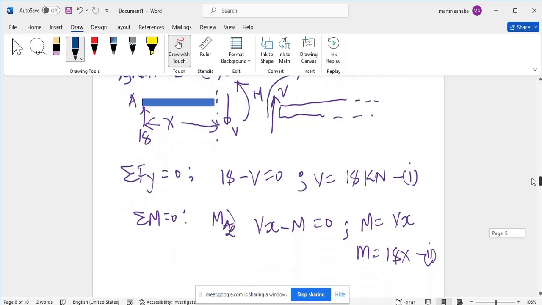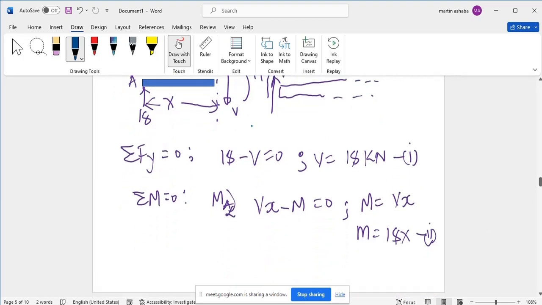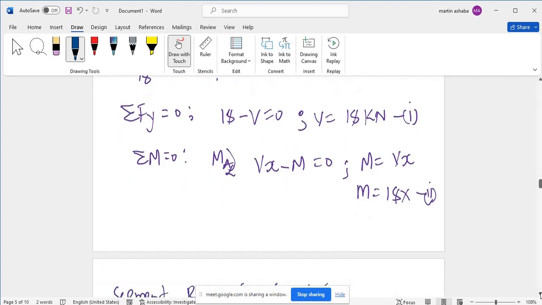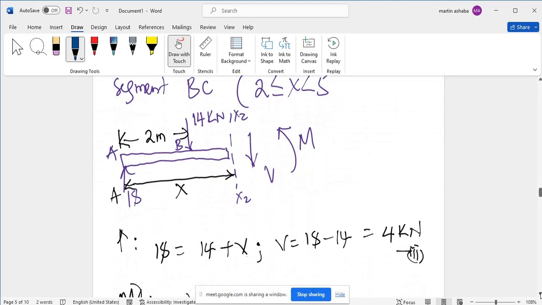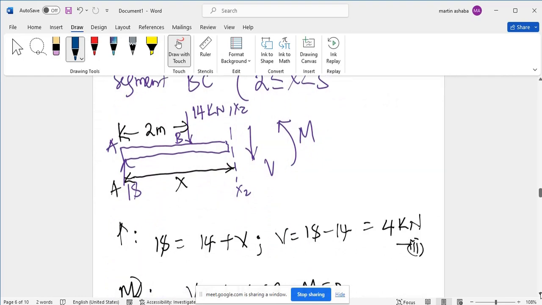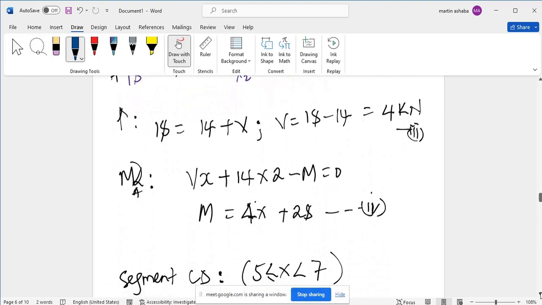Even without looking at the support, you can say from support A, the shear force is 18. Then you draw it. After drawing it, you also move up to point B. If you reach point B, what is the shear force there? The shear force is 4.